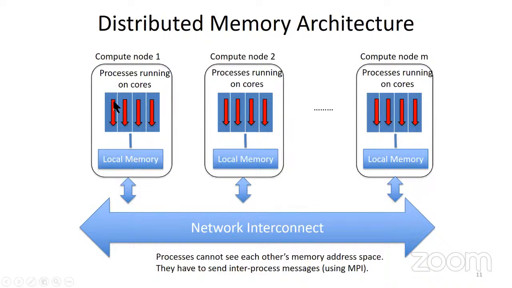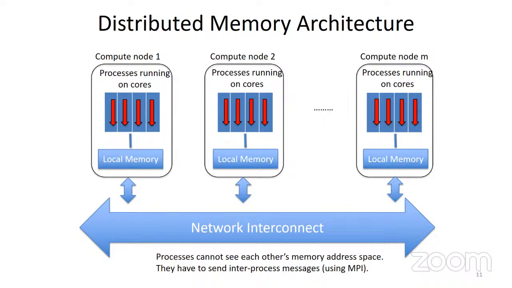So this is the distributed memory architecture, where each processor has its own local memory. Here you can see compute node 1, compute node 2, and up to compute node n.